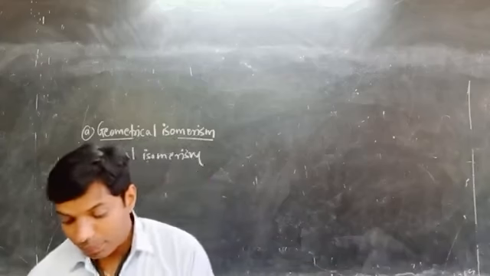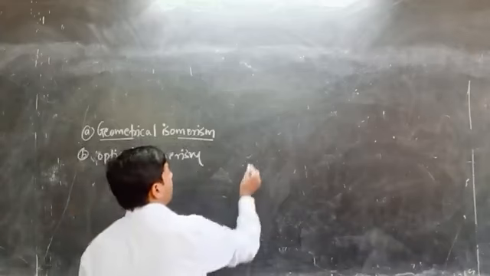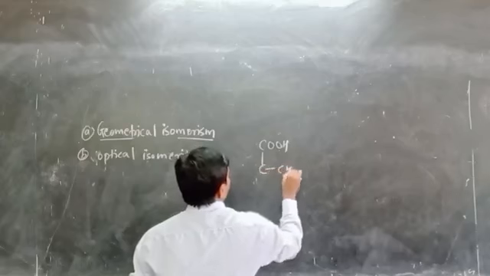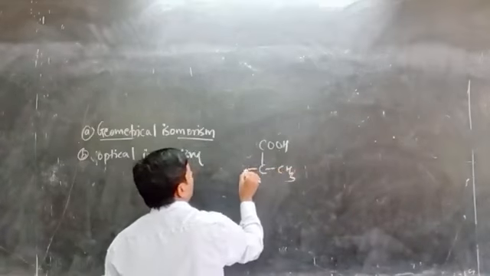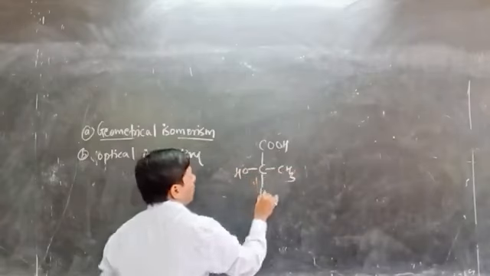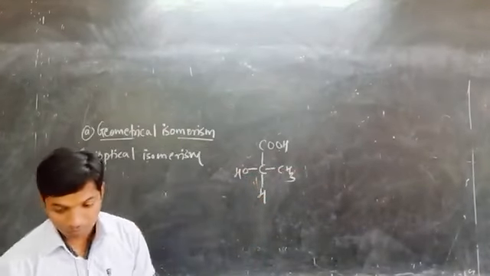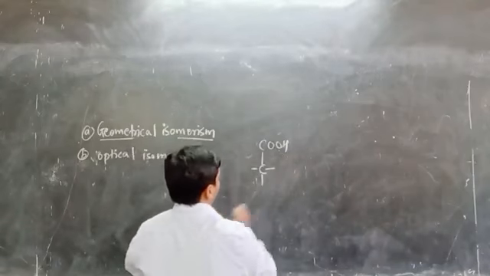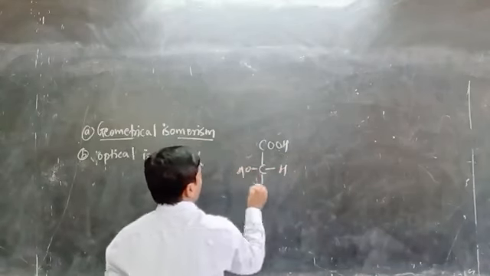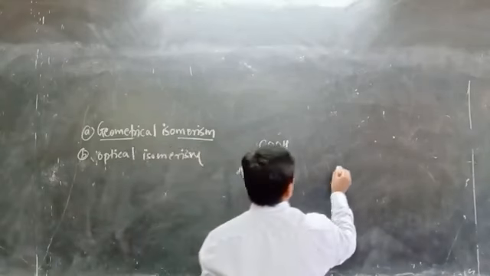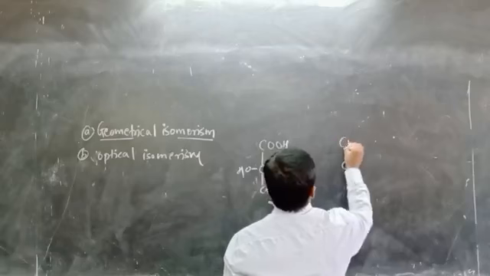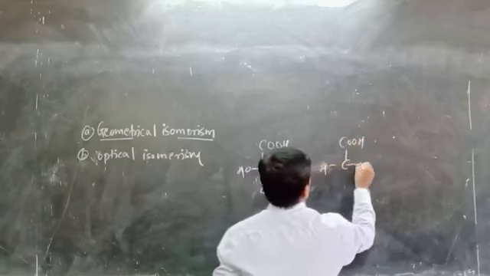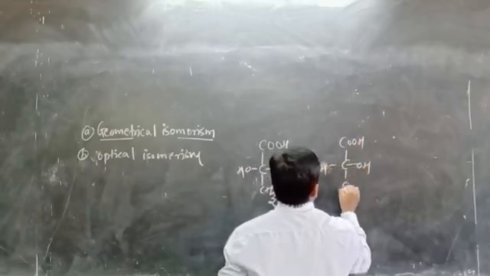So let's discuss an example. I will write COOH, here I write C, CH3, here I write OH, and H. Sorry, here I write the H, OH and CH3, and its isomer I will write as COOH, here I write C, H, here I write OH, here I write CH3.